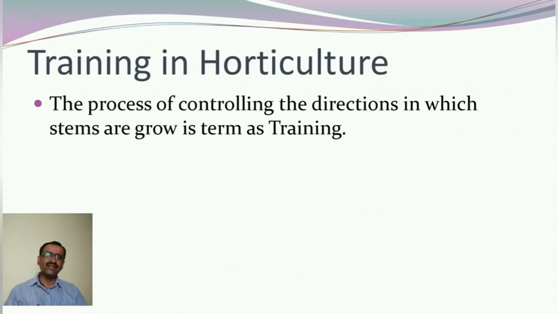Naturally a plant can grow in any direction, but we can train that plant in the desired shape for various horticultural practices like harvesting or spraying or giving different growth regulators.